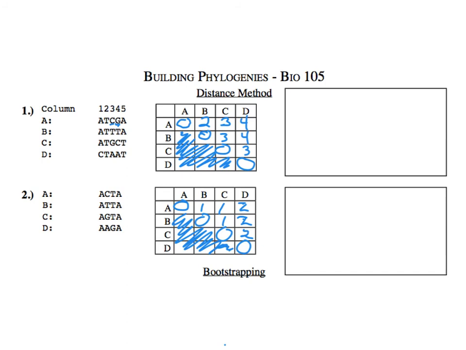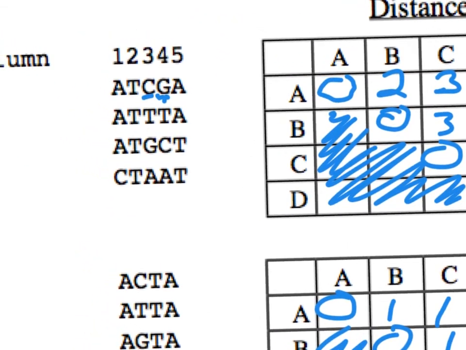Other questions? Because this is the essence. Doesn't it matter what order they're in? The order is critical, so you have to look down a column. Think about it this way: each column represents one position in the sequence of a gene.